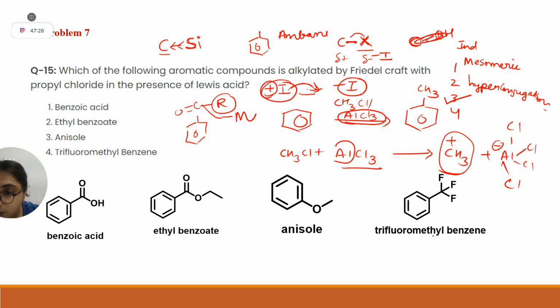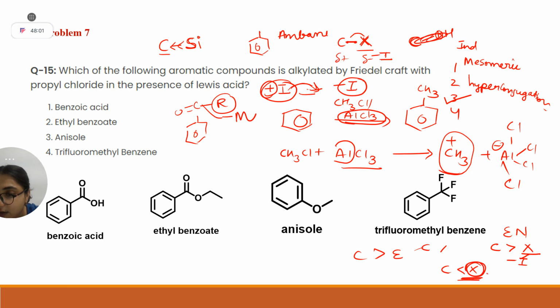So groups that are more electronegative than carbon will be minus I. If the electronegativity of the atom attached to carbon is more, will it be minus I or plus I?